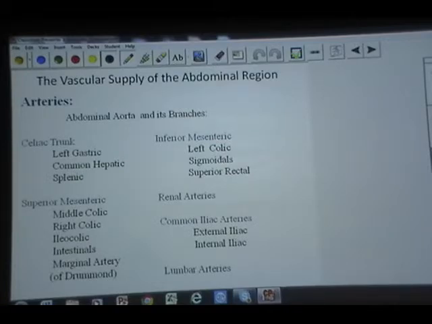Also coming off of the abdominal aorta are vessels that supply organs that are in or associated or adjacent to the posterior abdominal wall. The largest of those organs are the kidneys. Okay, so renal vessels are direct arterial branches of the aorta.